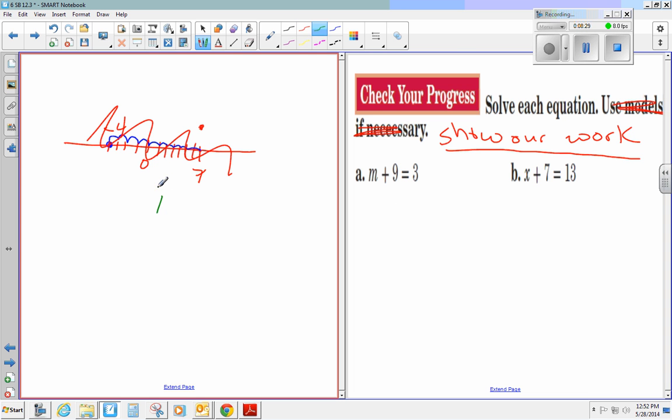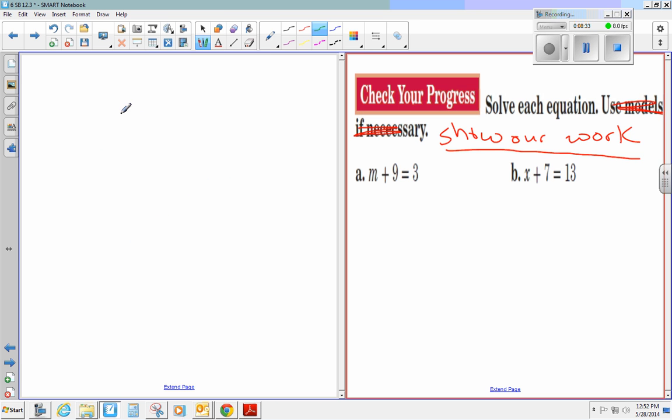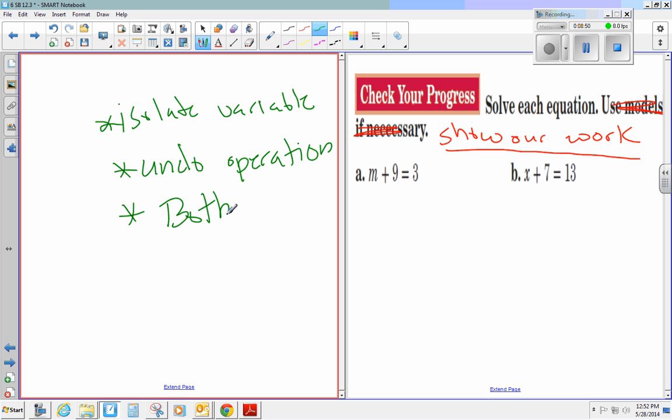So we're going to isolate the variable by undoing the operations, and make sure we do it on both sides.